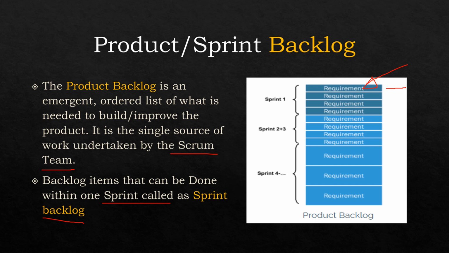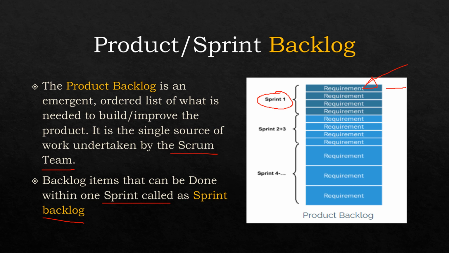These top 4 stories are part of sprint 1. A sprint is nothing but a time-boxed schedule in which some set of stories will be undertaken and completed. It can be 2 weeks, 3 weeks or 4 weeks depending upon the project or organization.